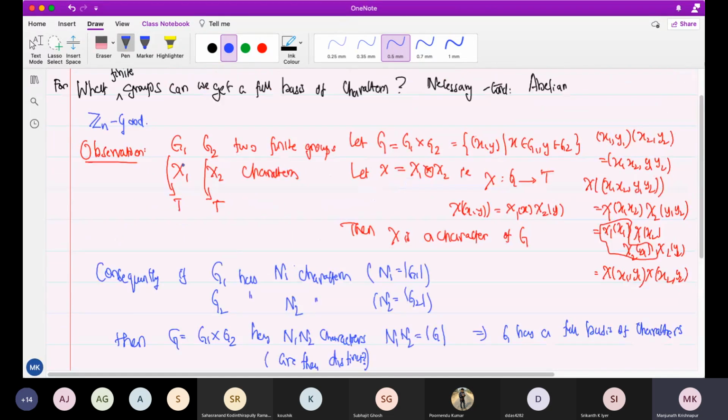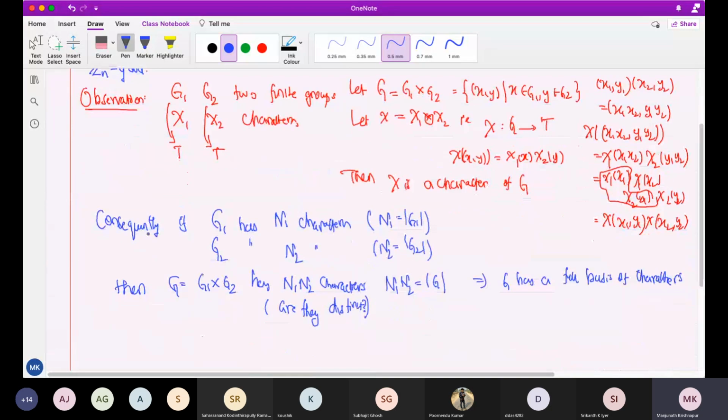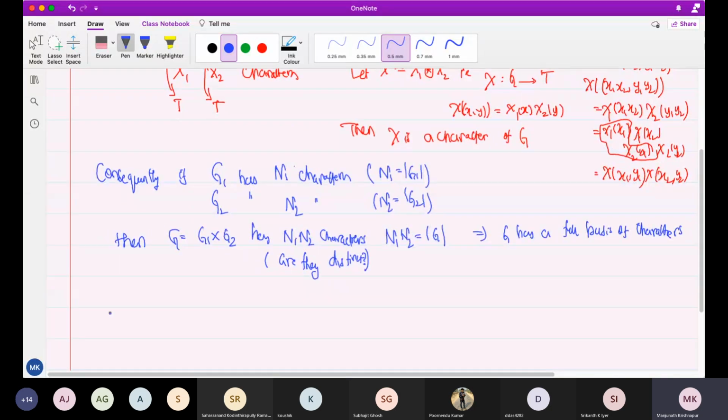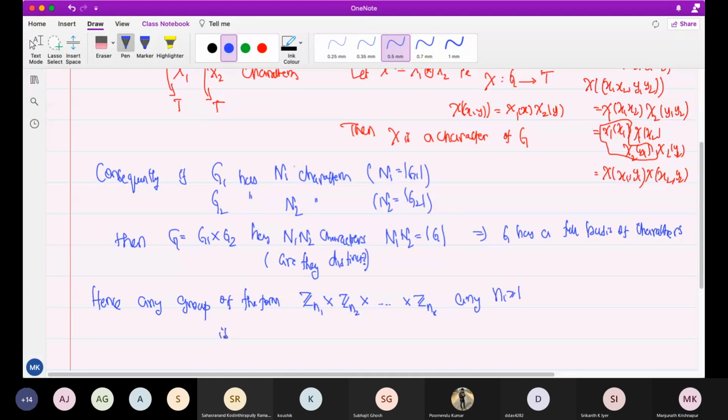As a consequence, what do we get? The only groups I know so far are Zn, so I can take products of those. Hence any group of the form Zn1 cross Zn2 and so on, any finite number of things up to Nk, any Ni, has a full basis of characters.